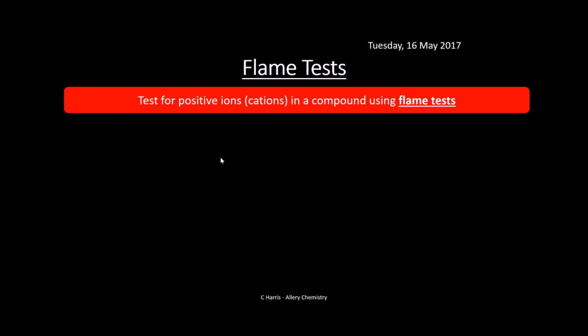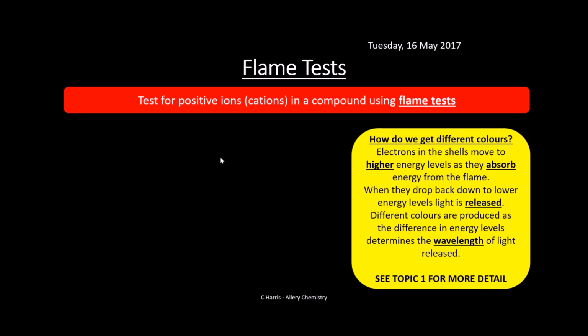Okay, flame tests. We can test for positive ions, called cations, in a compound using flame tests. We get all these different colours appearing. You will have done the line spectrum. Remember about electrons jumping between shells and absorbing energy, which we'll call quanta. So why do we get different colours?